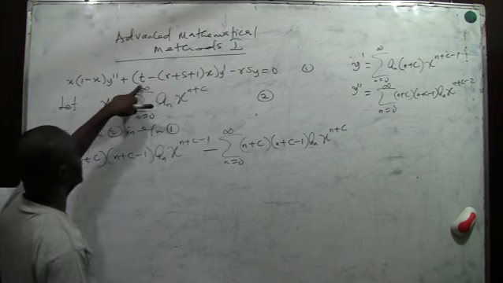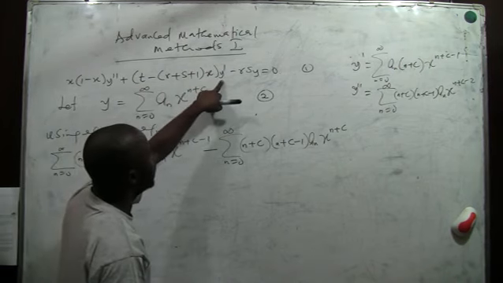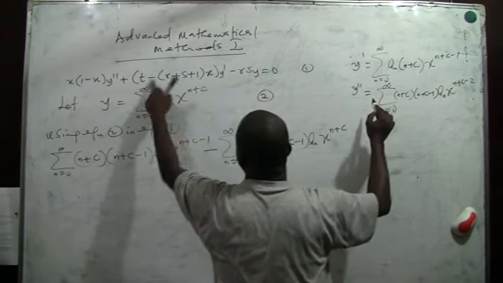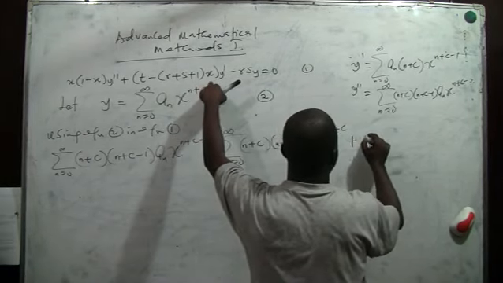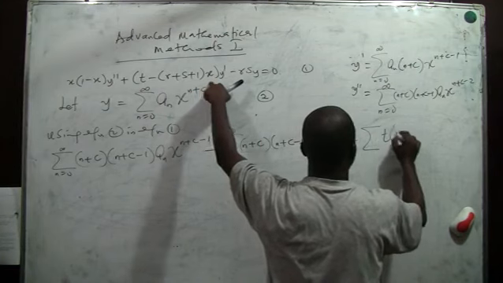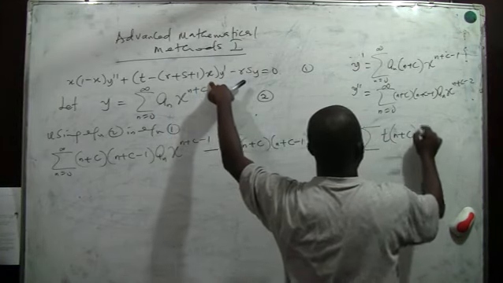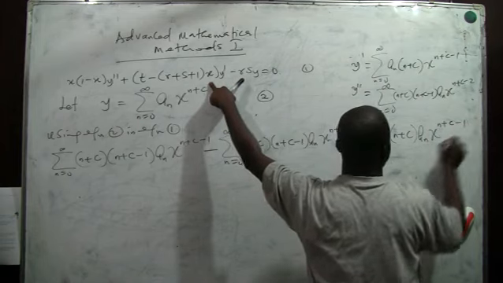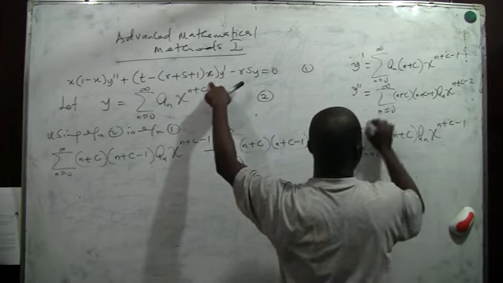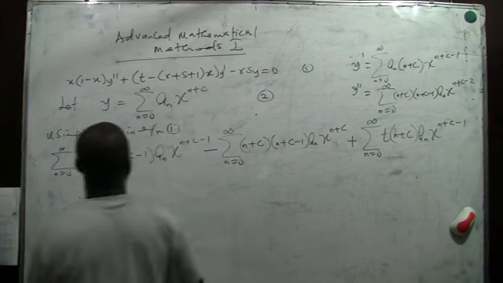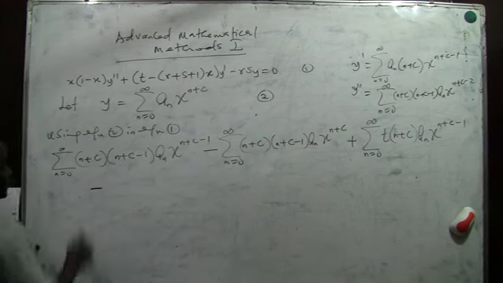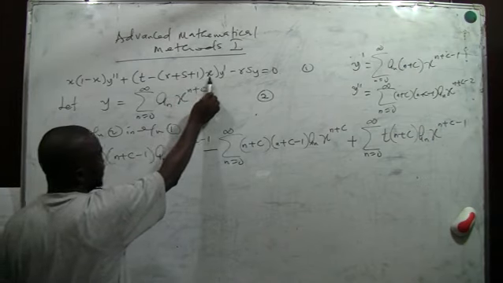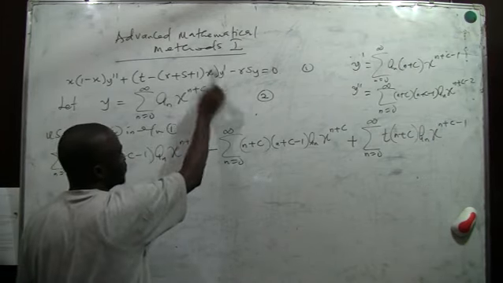Now, t multiplies y'. So t multiplies y' to become the summation of t(n plus c) a_n x raised to the power n plus c minus 1, n from 0 to infinity. The next term is minus (r plus s plus 1) multiplies x multiplies y'.